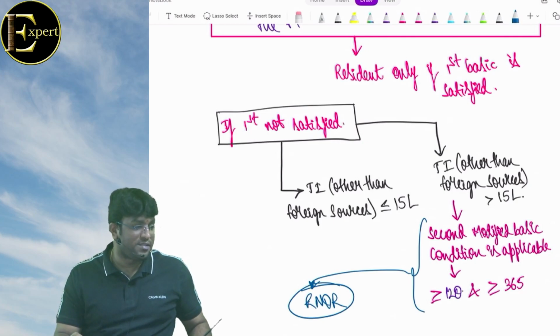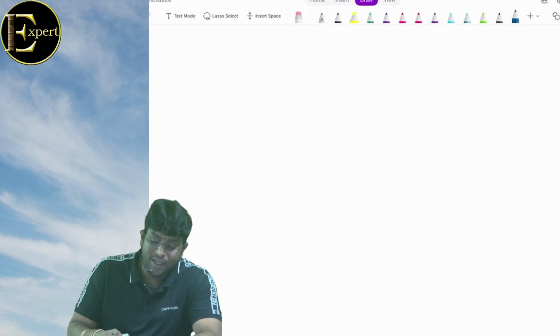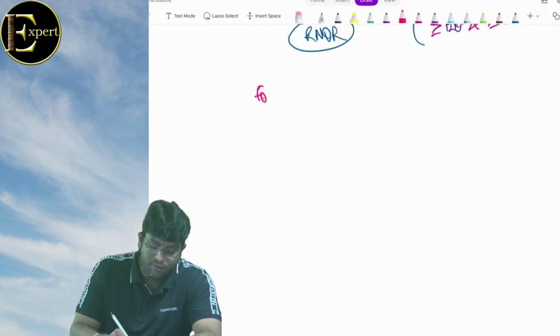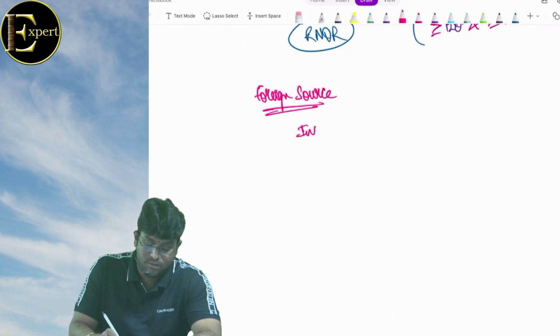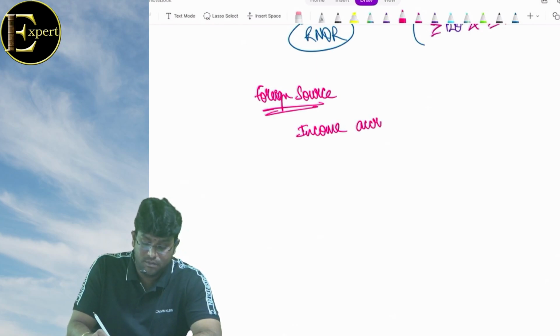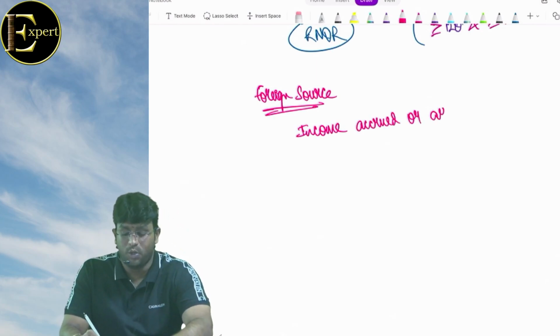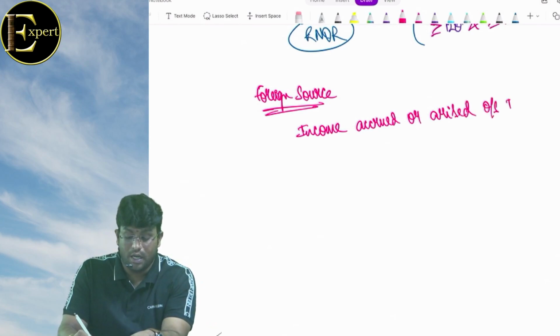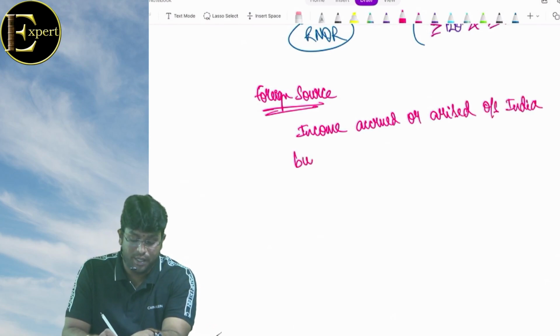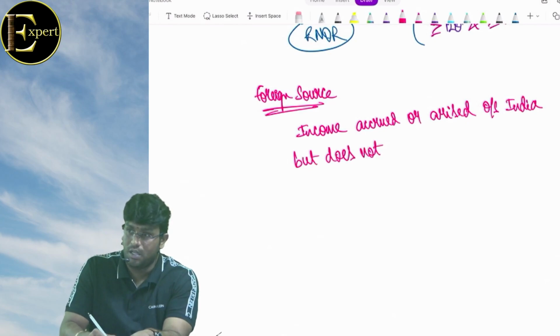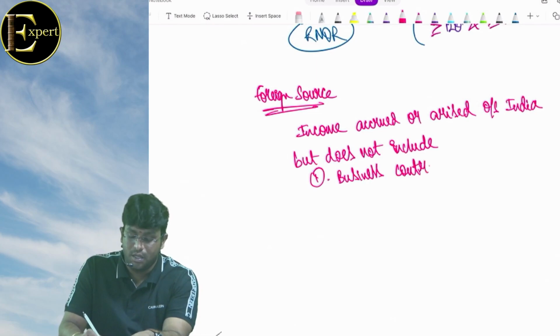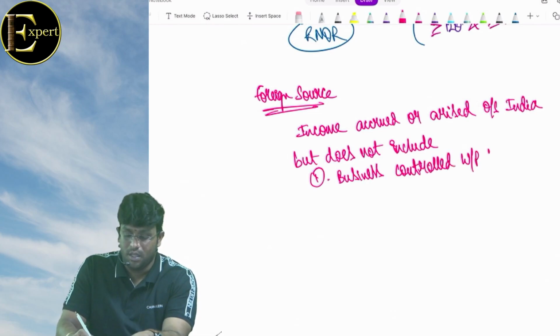Total income other than what sources, sir? What is the meaning of the word income from foreign source? Income accrued or arisen outside India, but does not include number one, business controlled wholly or partly from India.